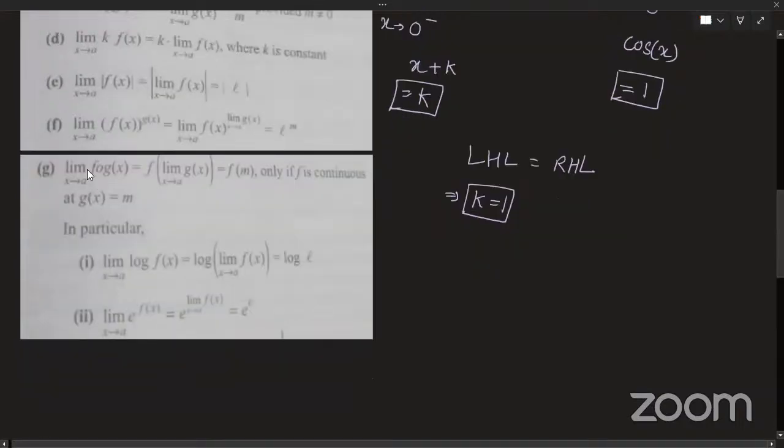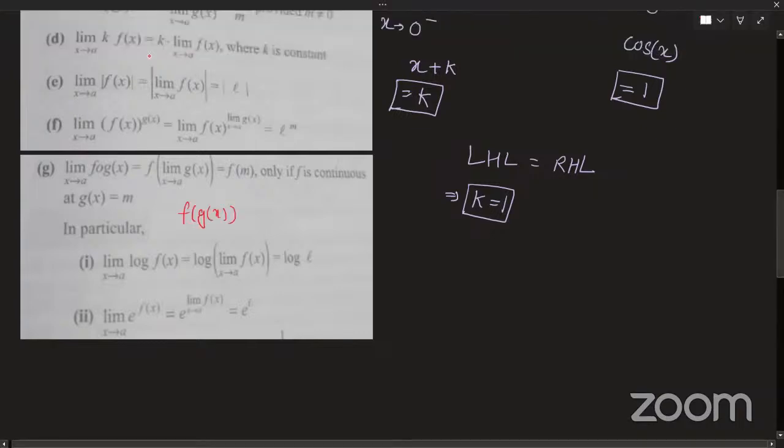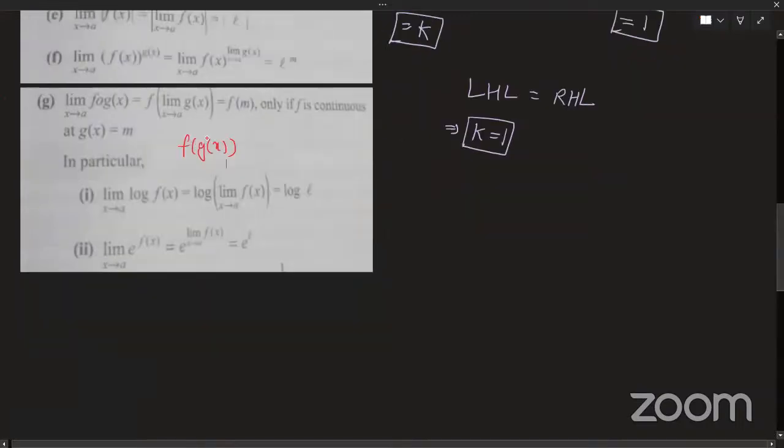If we are taking f of g of x, one function inside the other function, in the same way you can evaluate both of the limits. You evaluate g of x first and then apply it inside. So it will be equal to f of m because g of x is equal to m. So this way you can do it.